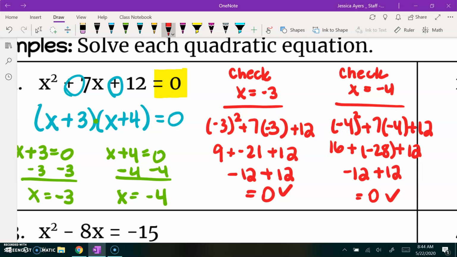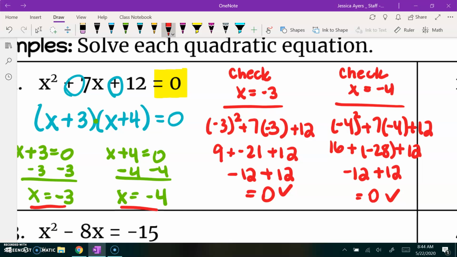It is important to remember that you don't plug both X's into a different X. You check one at a time. Don't check them both at the same time. If you check them both at the same time, then you're not going to get 0 and think that you did something wrong. If your original equation was not equal to 0, then you would want it to be equal to whatever it was equal to and just plug in.